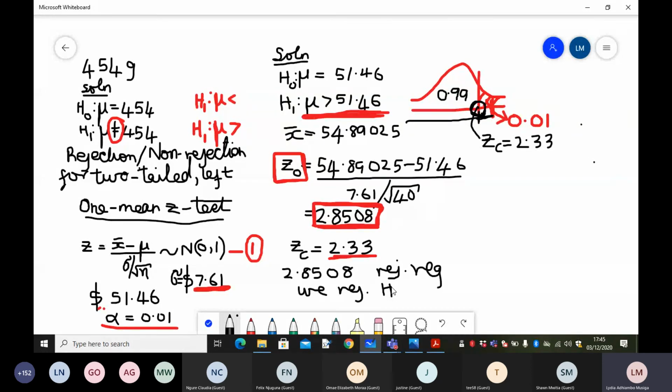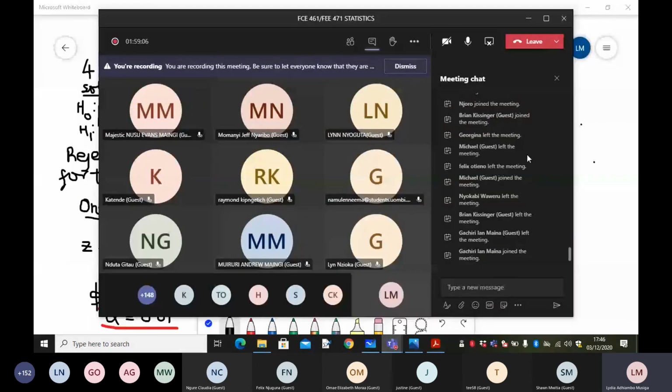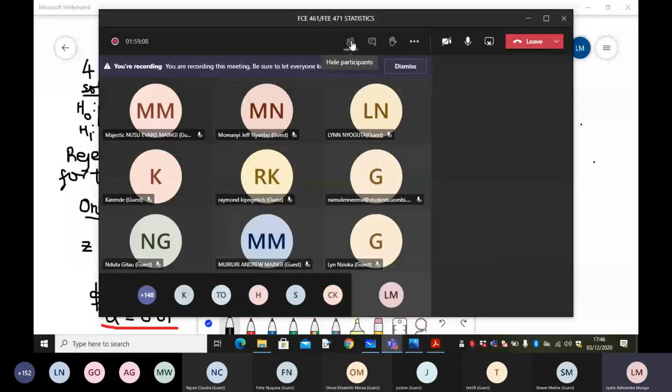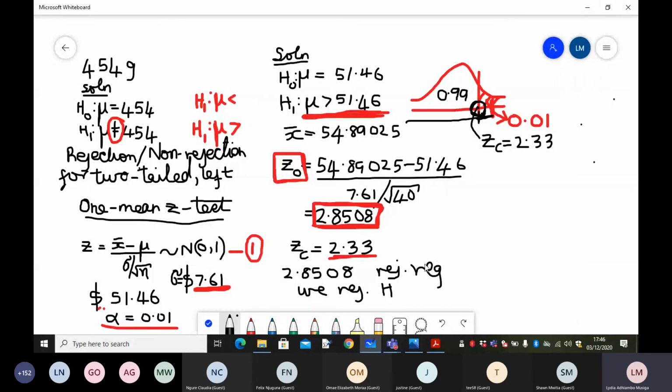It means that because we have rejected H naught, the test results are statistically significant at 1% level.